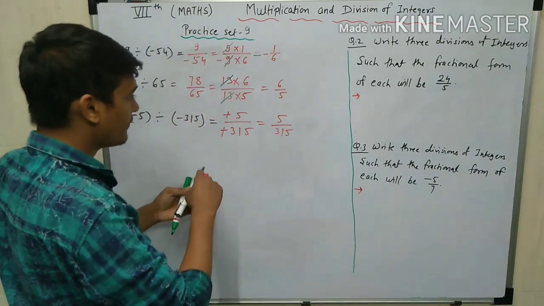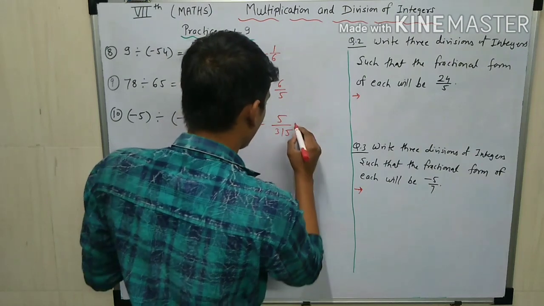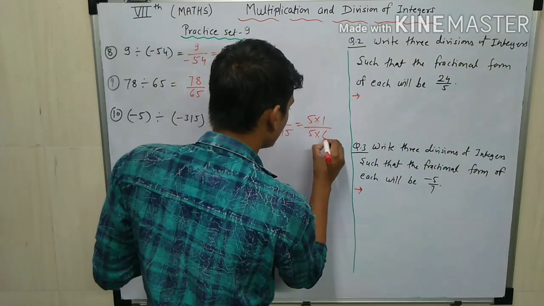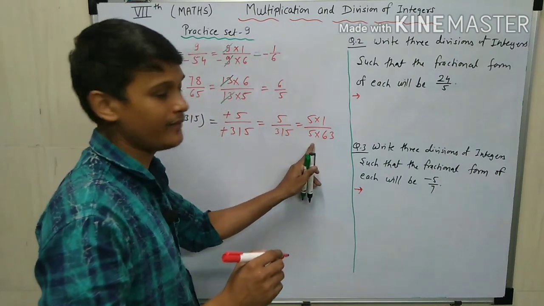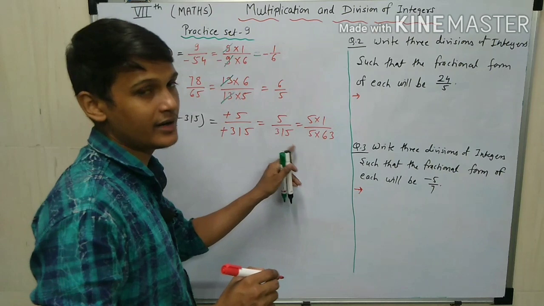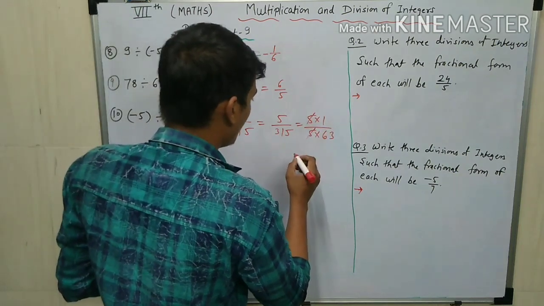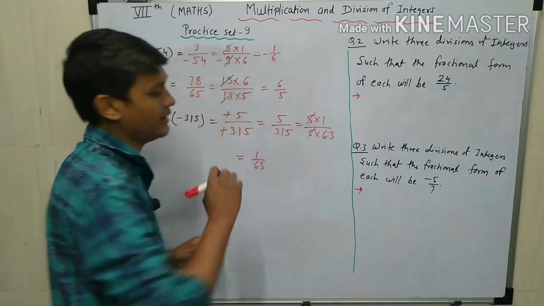Which table? 315 is in the table of 5, we can write here 5 into 1 and 5 into 63, we can multiply 63 into 5, we get here 315. Now the 5 is cancelled, the final answer is 1 upon 63.